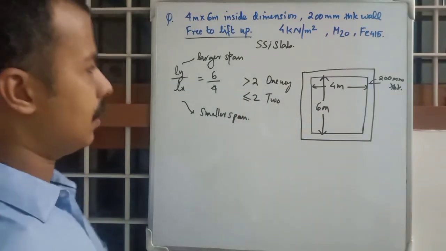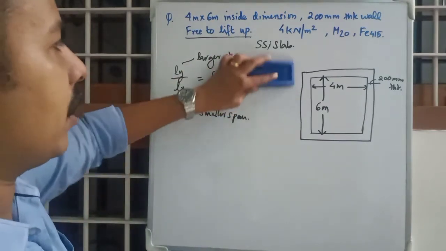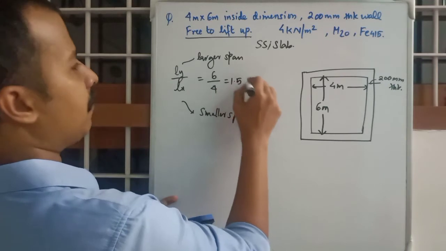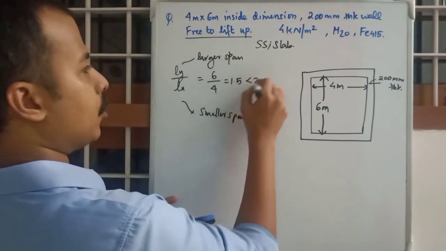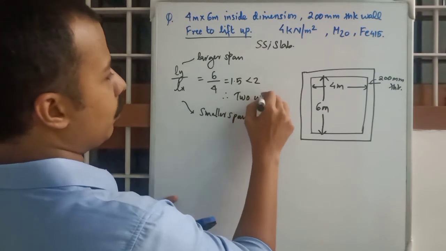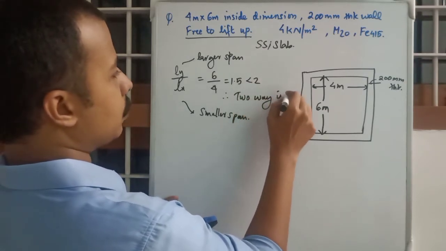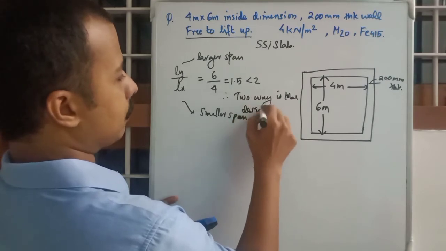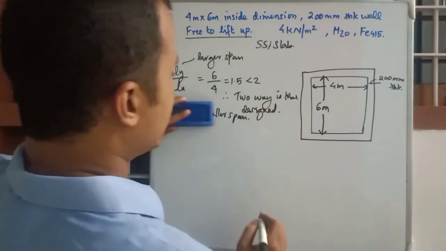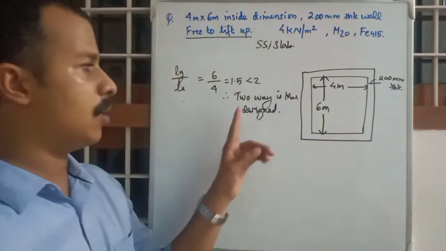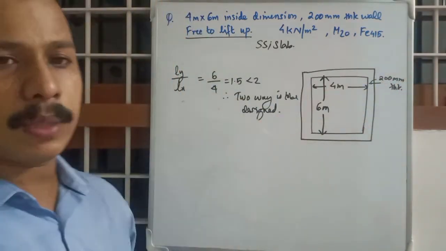As simple as that. Here it comes to about 1.5, which is less than 2. Therefore, a two-way slab is to be designed. So we have decided on the type of slab.